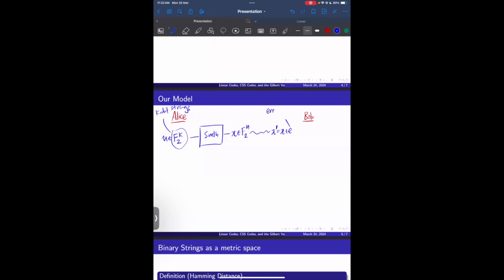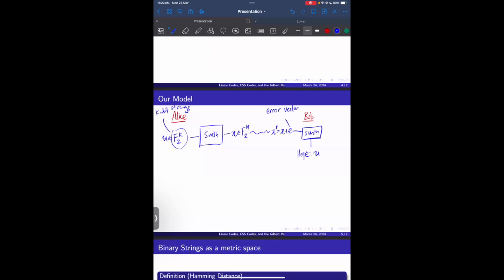It just represents the error. Then Bob receives this x prime, and he again does something with it. And the hope, of course, is that Bob emerges with the same vector that Alice intended to send, the same bit string.